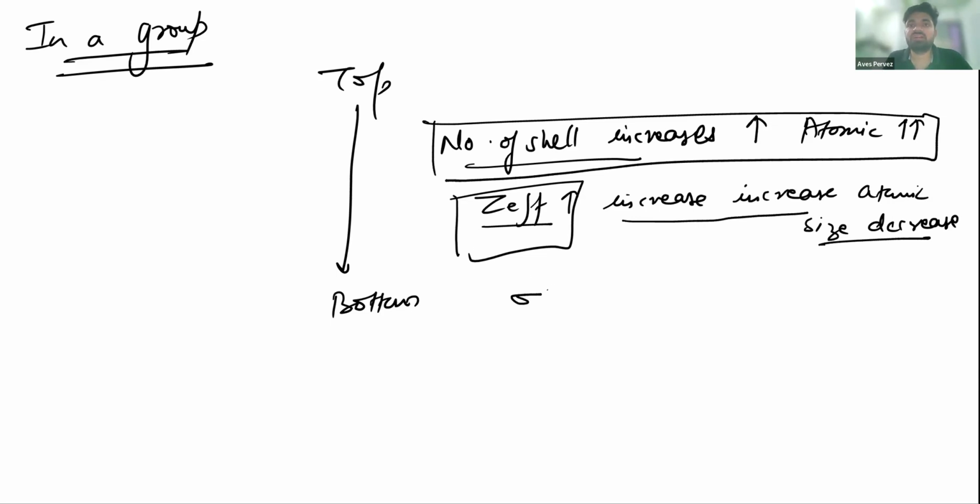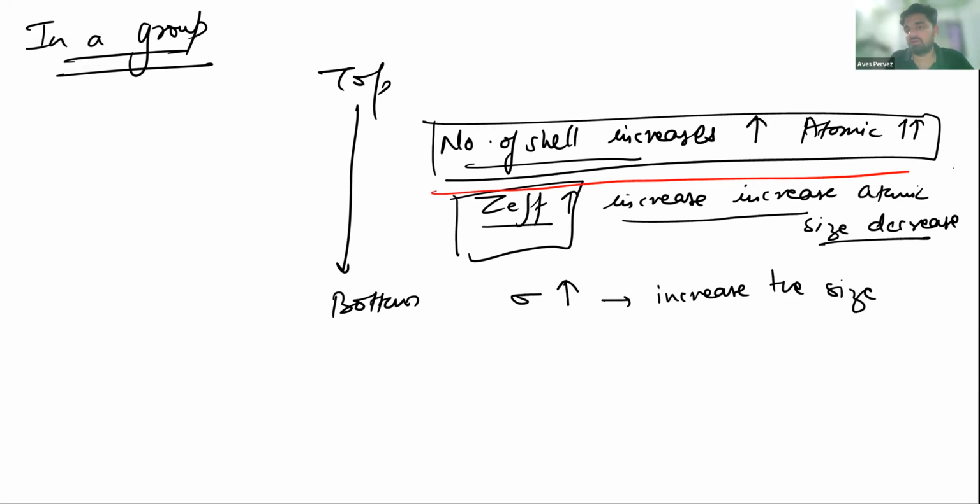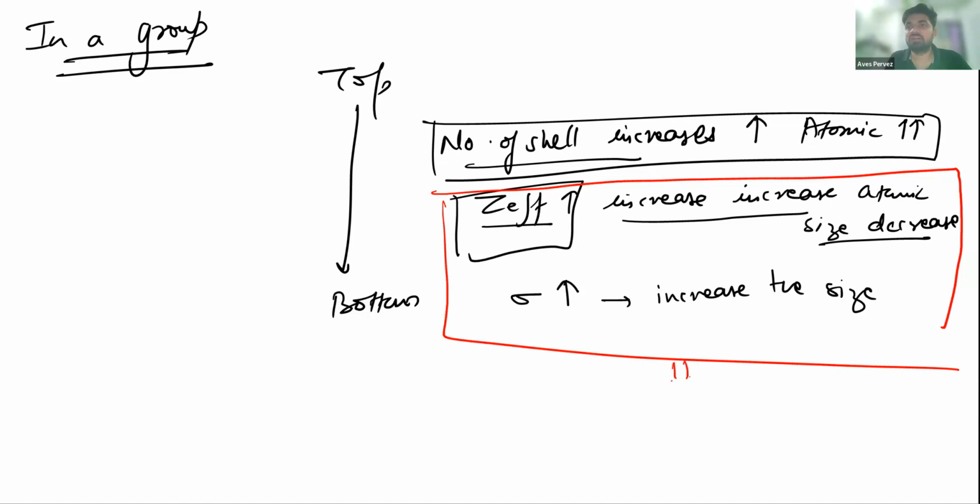So we can say here that the screening effect increases the size, but these two properties counterbalance each other. They cancel out each other, they increase in the same ratio.